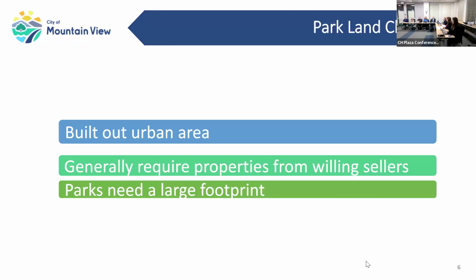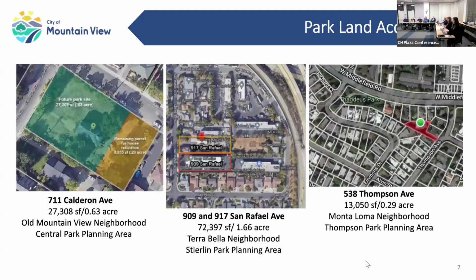If we're in a residential neighborhood, just say Montaloma, for example, where the houses are about 6,000 square feet, that would require several parcels to be acquired contiguously to develop a park, or acquisition of a property next to a park to expand it. So those are some of the challenges when real estate goes out and is considering an acquisition. But last year we were able to acquire several park parcels.